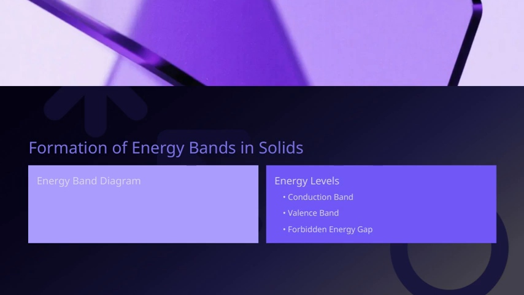Finally, understanding how these energy bands form in solids is essential for grasping how electronic properties emerge. The overlapping of atomic orbitals in a solid leads to the formation of these continuous energy bands, rather than discrete levels like in isolated atoms. This band formation underpins the electronic behavior of materials and is key to designing electronic devices.